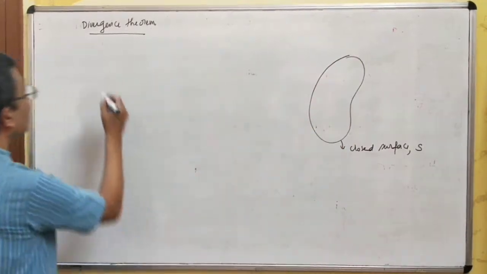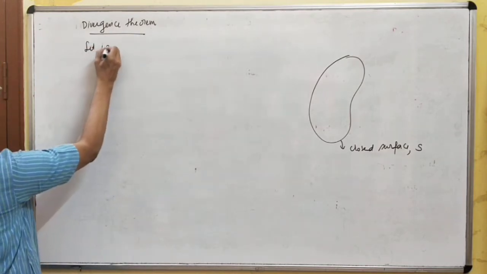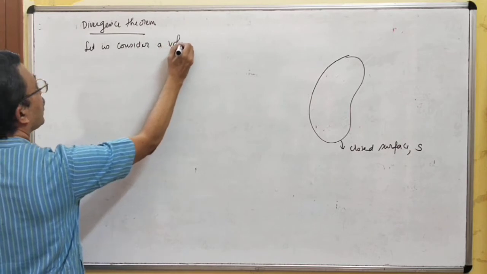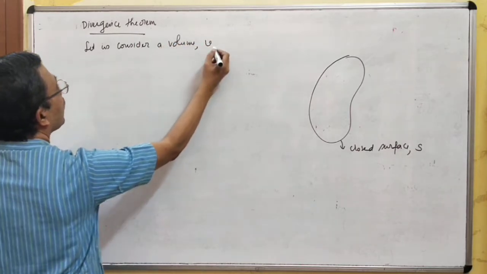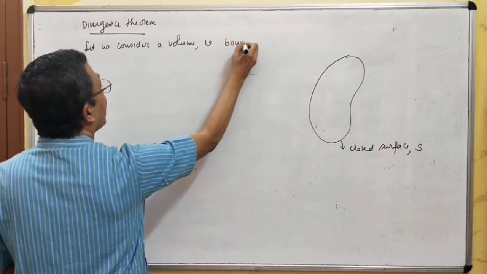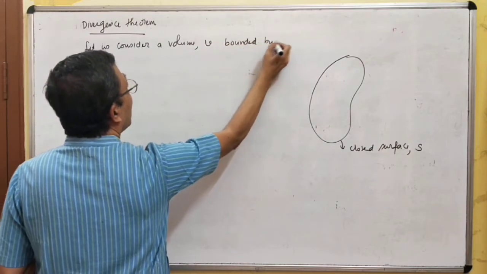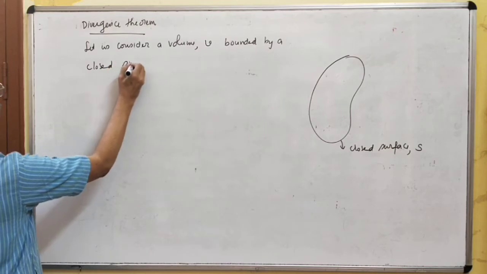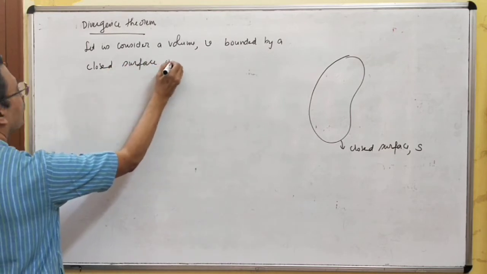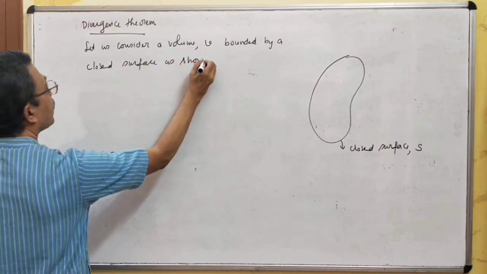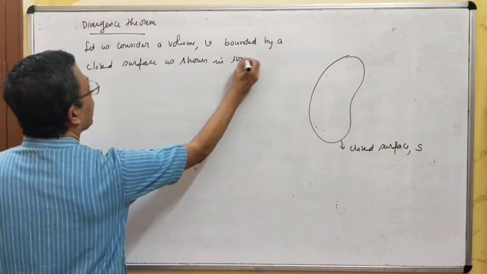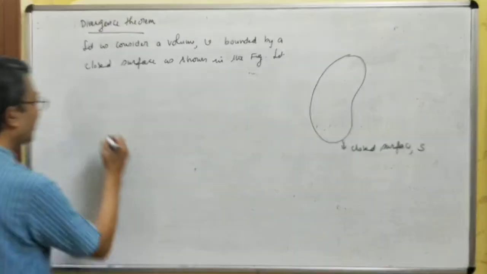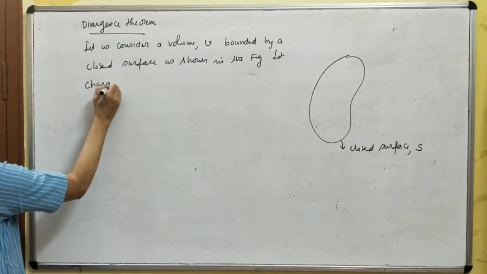Let us consider a volume V bounded by a closed surface, as shown in the figure. Let charges be distributed.